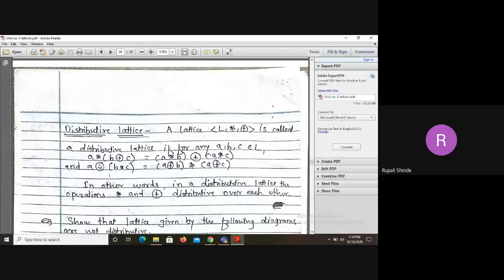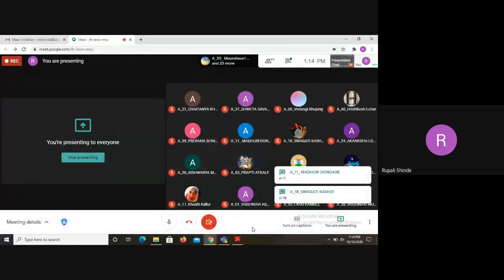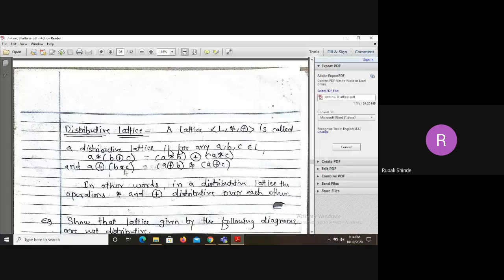Likewise, you can swap the positions of XOR and star. Now the XOR operation is outside the bracket and star is inside, so we distribute the XOR over the bracket: (A XOR B) * (A XOR C). In both ways we have checked. That's why this is a distributive lattice, because it satisfies the distributive property.